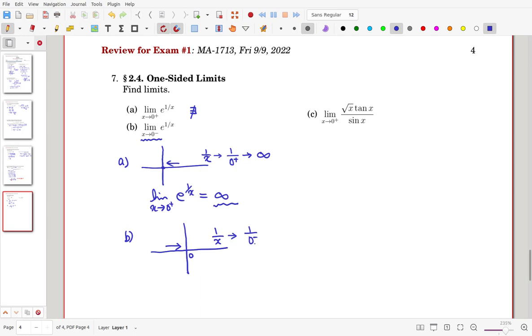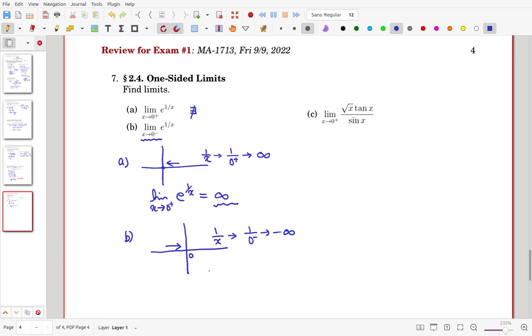Now this whole thing is negative, and in magnitude the bottom is becoming smaller and smaller, so the whole thing is becoming larger and larger in magnitude, but in a negative way, so it is blowing up to minus infinity.